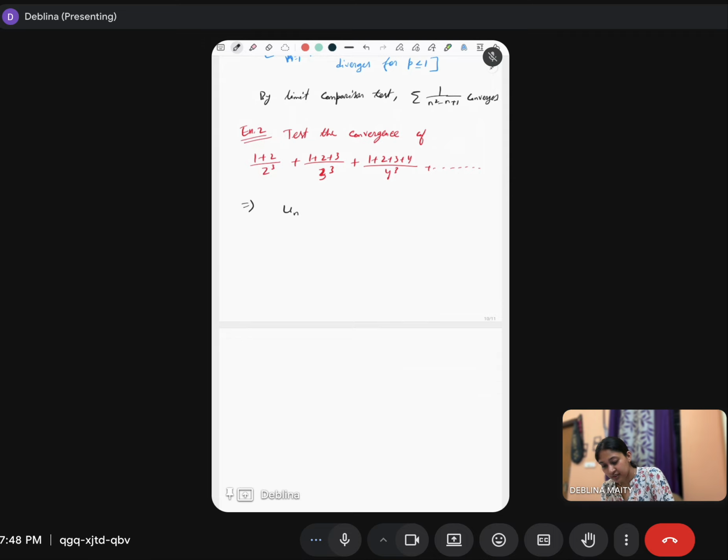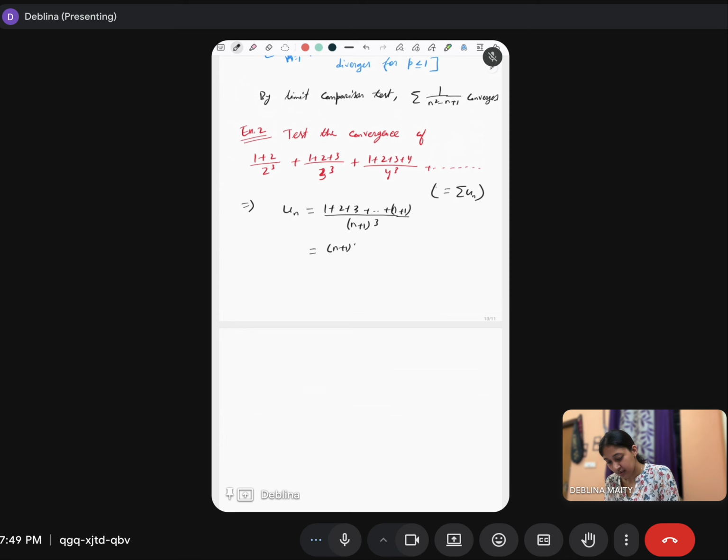Suppose this is the sum of un. Then un is, sorry, the numerator is n plus 1, because the second term's numerator is 1 plus 2, and the denominator is n plus 1 to the power 3.